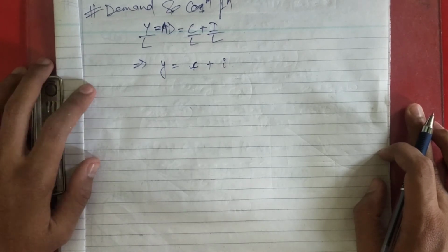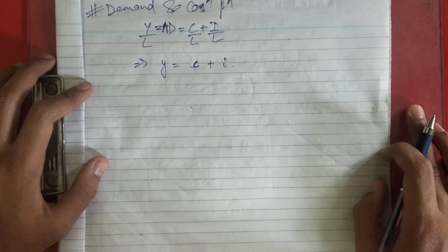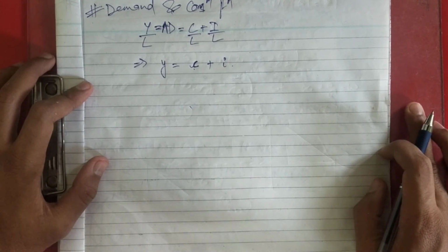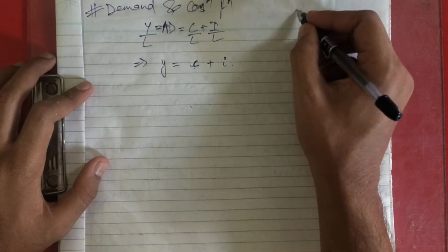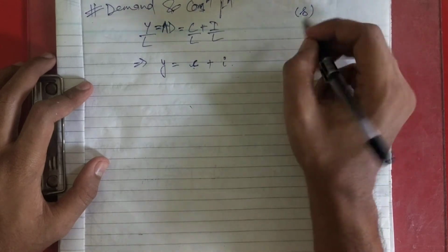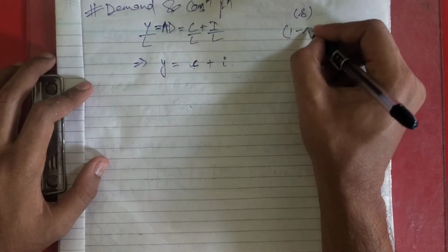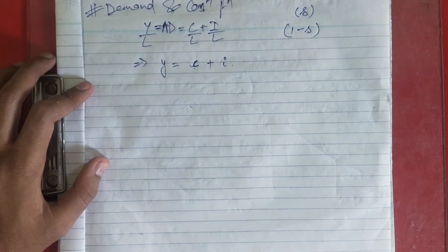So this is your consumption function in the Solow model. The model assumes that a fraction of income is saved. That saved fraction is small s, and the remaining fraction, 1 minus s, is spent on consumption.